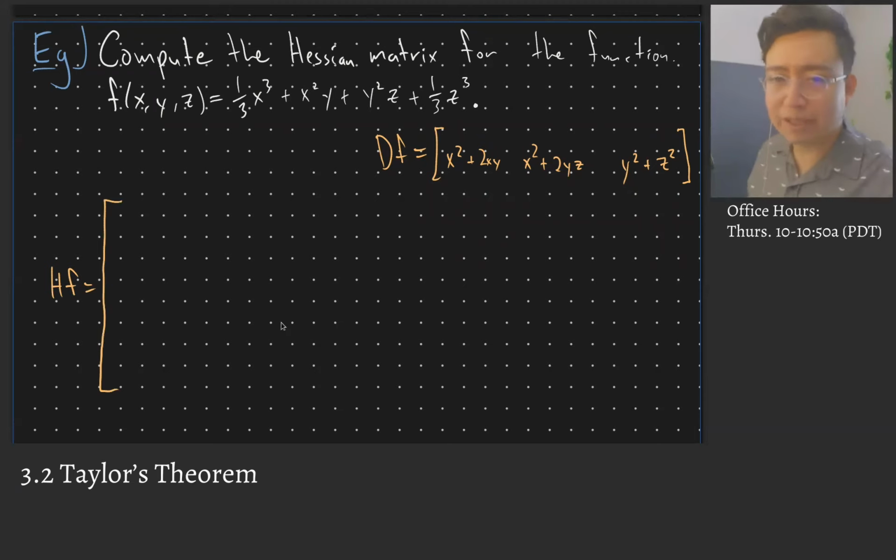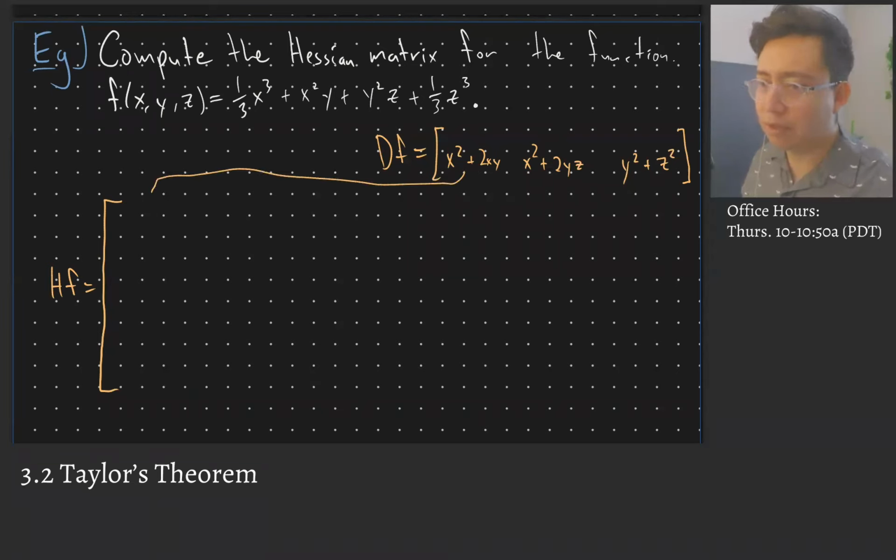The reason I like to write this down is because this here is telling us the columns. So we're just going to focus on each of these. This here, we take all possible partial derivatives of this guy, and that gives us the first column. Then the partial derivatives of this guy gives us the second column. The partial derivatives of this one gives us the third column. So focusing on this here, that gives us the first column over here.